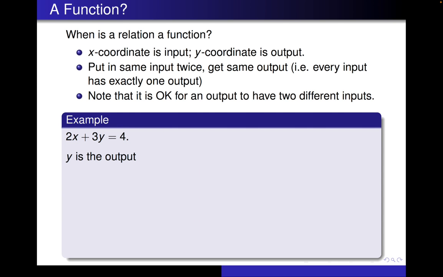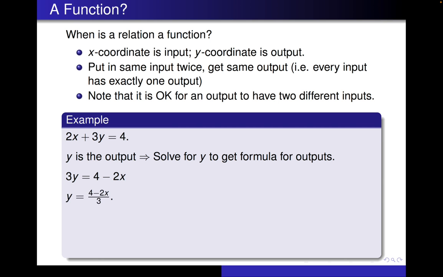Well, one way we can do it is algebraically. Remember, y is the output if we're thinking of this as a function, x is the input, so we can solve for y to get a formula for our outputs in terms of our input. So we take our 2x plus 3y equals 4. We subtract 2x from both sides to get 3y equals 4 minus 2x. And then if we divide by 3, we get y equals (4 minus 2x) divided by 3.